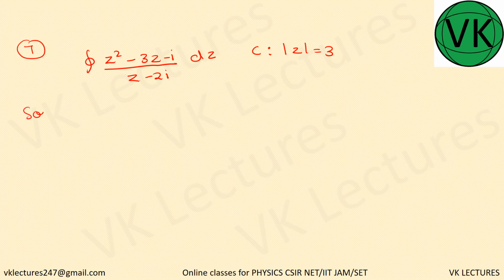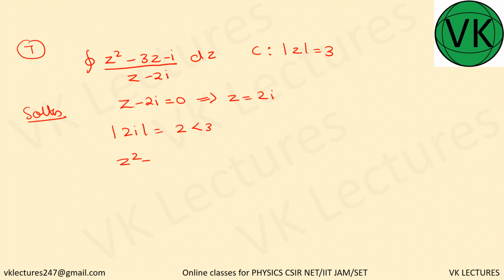So, solution: z minus 2i equal to 0 means z equal to 2i. So modulus of 2i is equal to 2, which is less than 3.